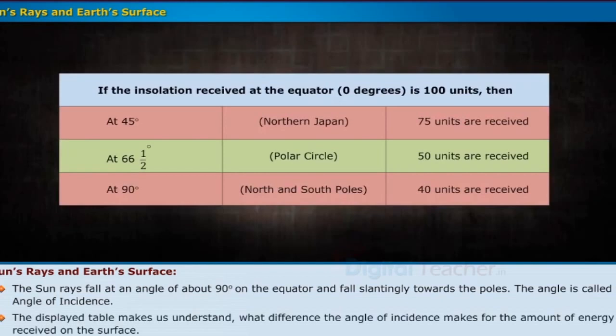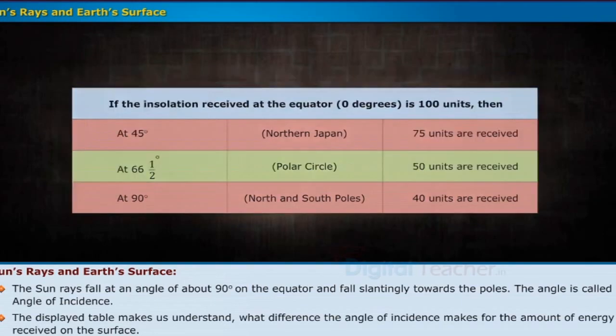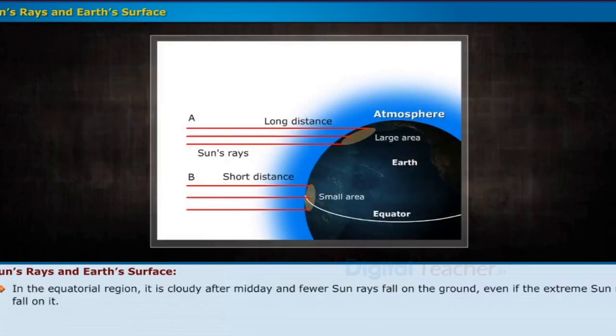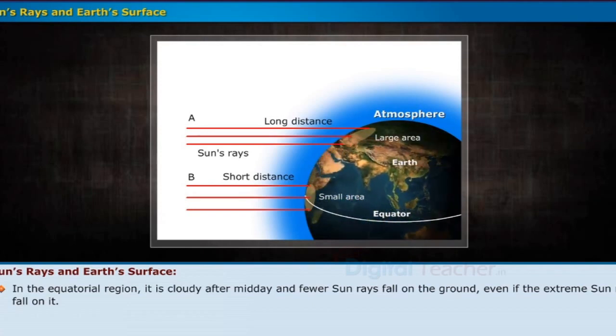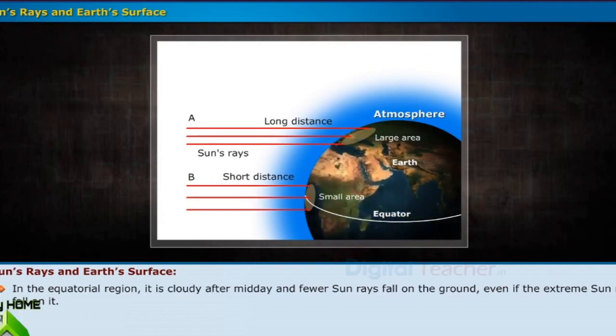The displayed table makes us understand what difference the angle of incidence makes for the amount of energy received on the surface. In the equatorial region, it is cloudy after midday and fewer sun rays fall on the ground, even if the extreme sun rays fall on it.